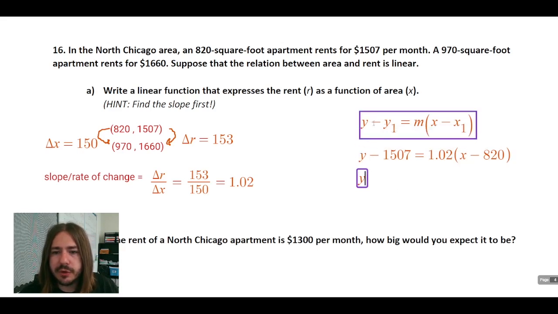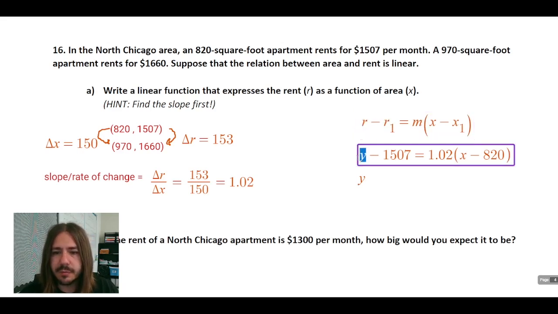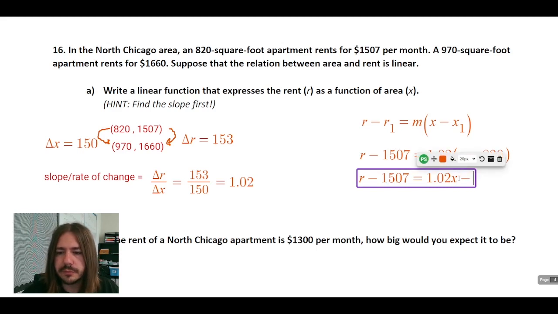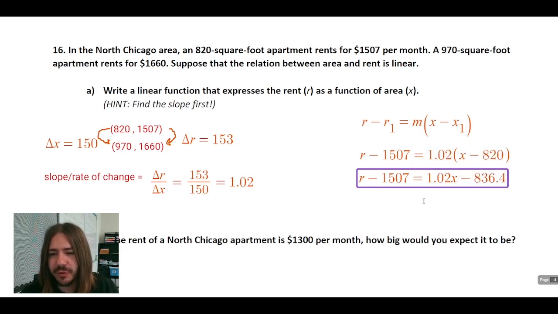And now, hold on here. We don't really have y, do we? We have r. We change these y's to r. The x can stay x. There really is no y variable here. So r minus 1,507 equals 1.02x, and then we need to multiply 1.02 times negative 820. That's going to be negative 836.4.